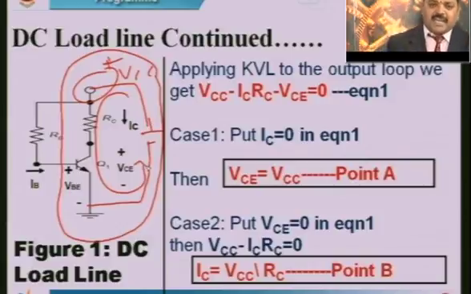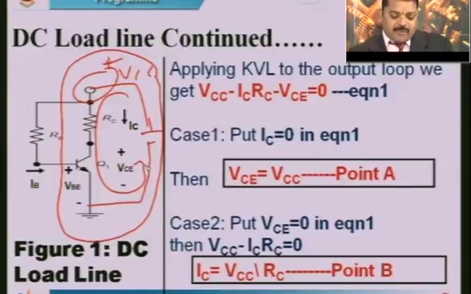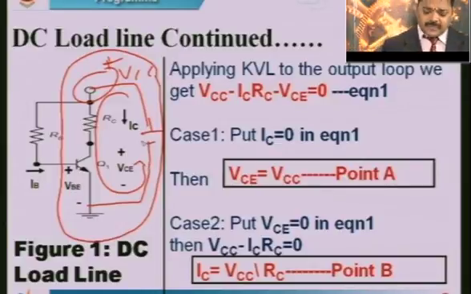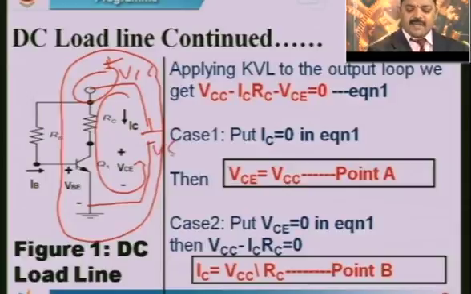Now, applying KVL to this output loop, minus to plus we will consider as positive. So, here VCC is there, minus to plus. When we move from minus to plus, let us take it as positive. So, plus VCC, and then what is Kirchhoff's voltage law?